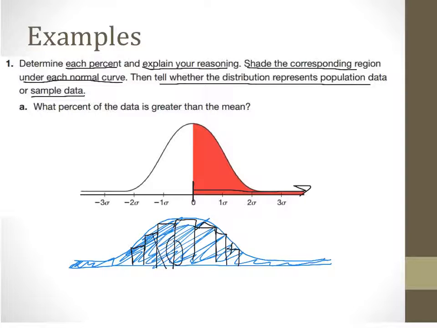So 100% of my data is located in this area. If I'm going from the mean to the end this way, what percentage of my data does that represent?